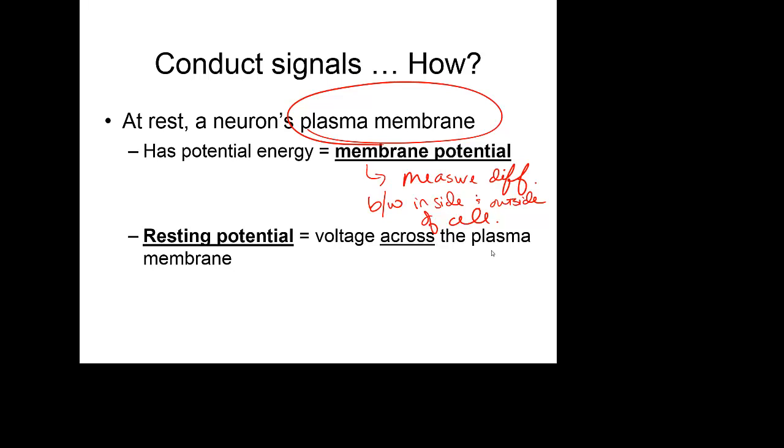You can look at the difference in charge between the inside and the outside. But we're most interested in it for nerve cells because that change is what is actually going to help us conduct a signal. So at rest, so when your nerve is just waiting around for something to happen, we have what we call a resting potential.